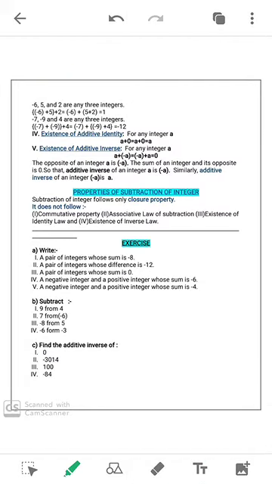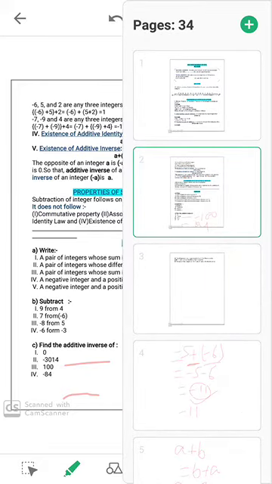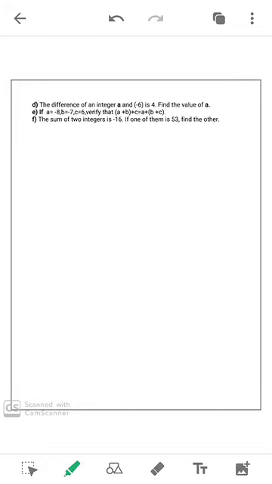Additive inverse of 100 is minus 100. Additive inverse of minus 14 is 14. Now we will go for another question.